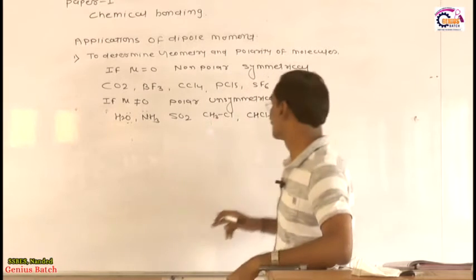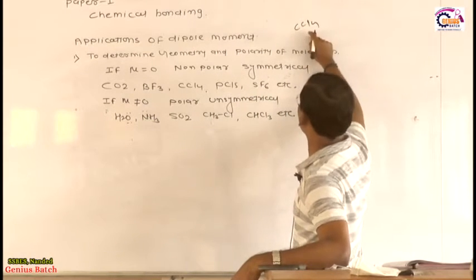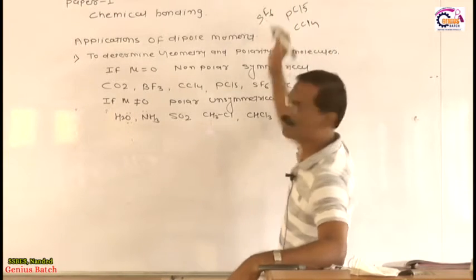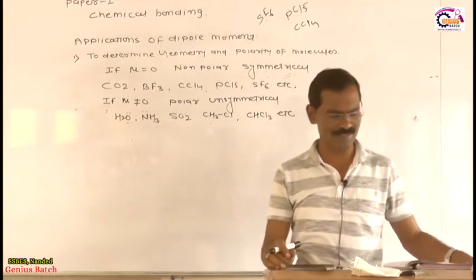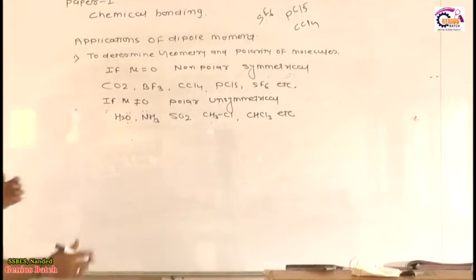But they must have the same bond, like CCl4 all chlorine, PCl5 all chlorine, SF6 all fluorine, etc. So keep this in your mind. This is the first application, to determine the geometry of molecule.